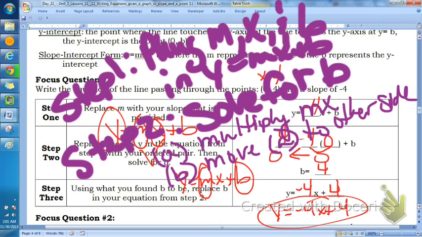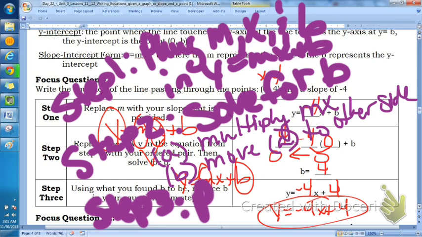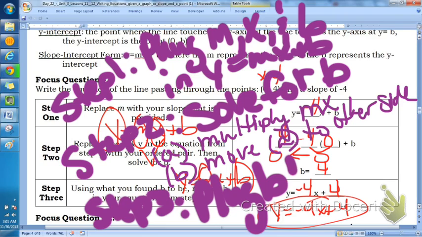And then your third step, you have to plug in that b value that you just got and your m value from the beginning of the equation into y equals mx plus b.